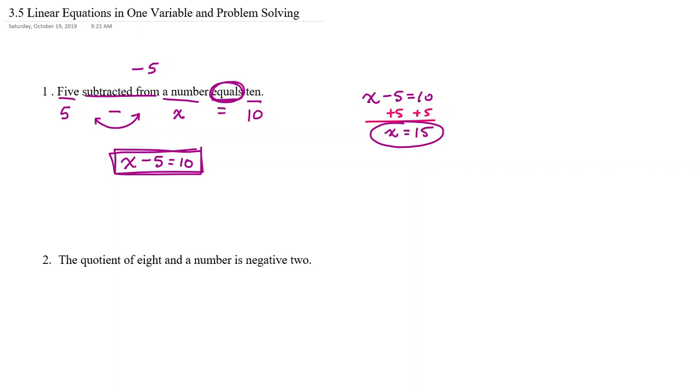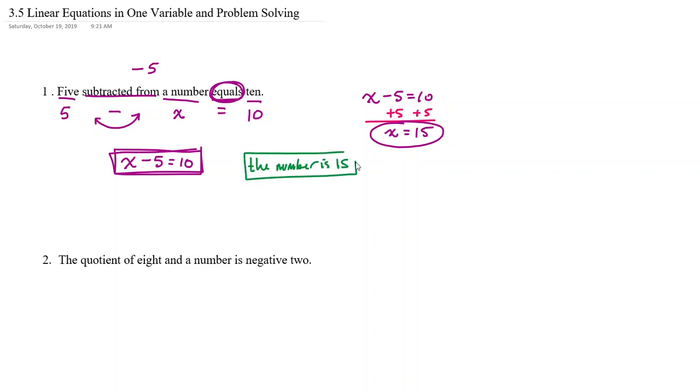And now notice that's the solution to the equation that I made up. But did you hear what I just said? I made this up. I made up the variable. Nobody told me what the variable was. So really the answer to the question is, although it didn't say, it should have said, what is the number? The number is 15.